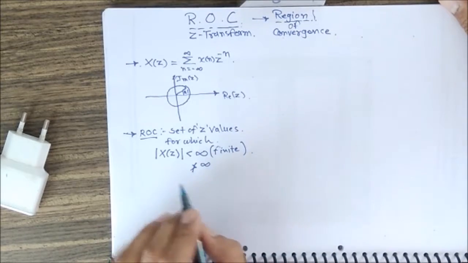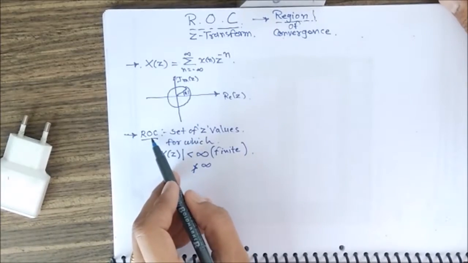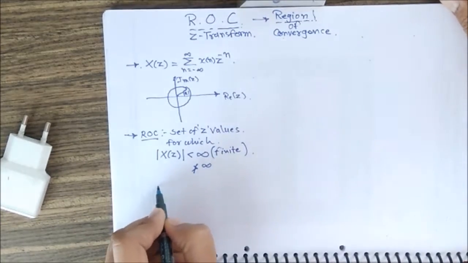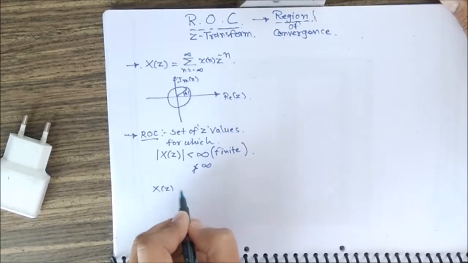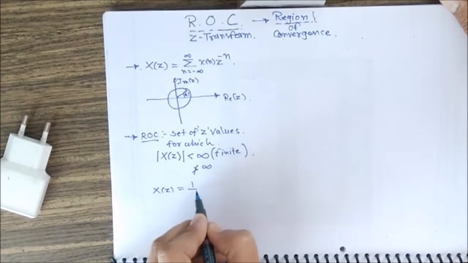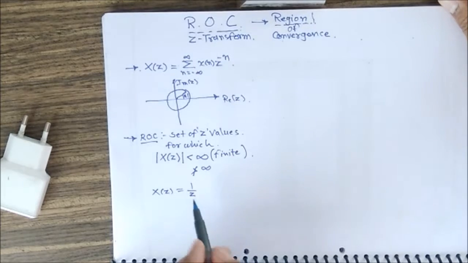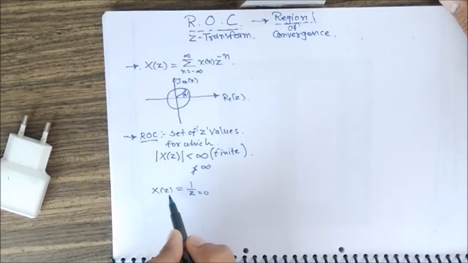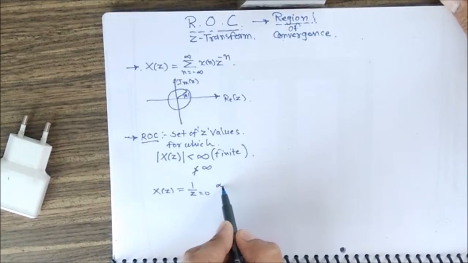So how will we see the region of convergence in an example? Let's say X of Z we get is 1 upon Z. For that, if we put Z equal to 0, the X of Z becomes infinity.